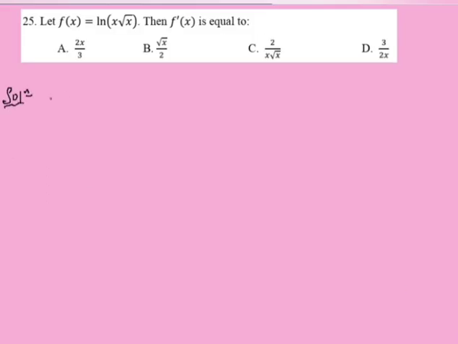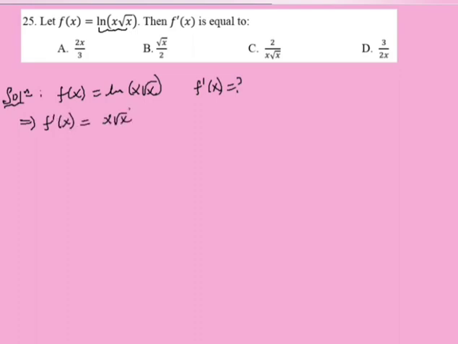If f of x is ln of x root x, then what is its derivative? The derivative of ln of x root x is the derivative of x root x over x root x.